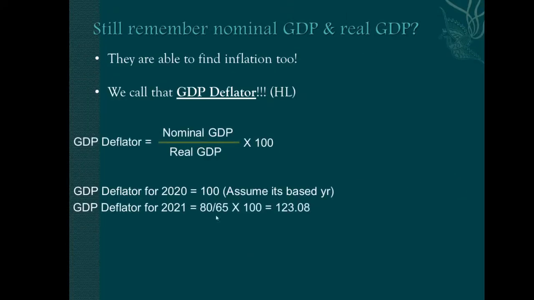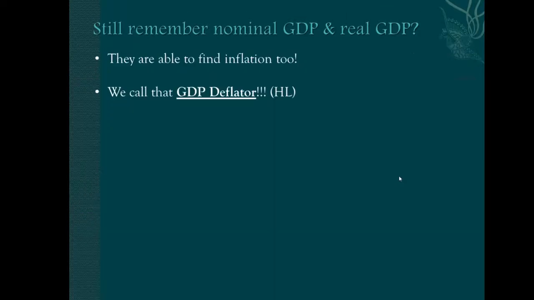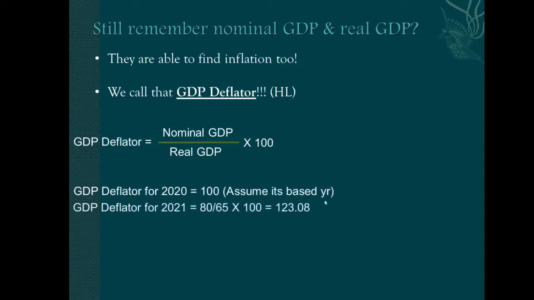At the end, we find this answer: 123.08. That is exactly the same as the CPI example that we made. Of course, because I have manipulated the data, that's why they are the same. In reality, they are always different. But right now, if we use the same set of data for the calculation, we should find the same answer.